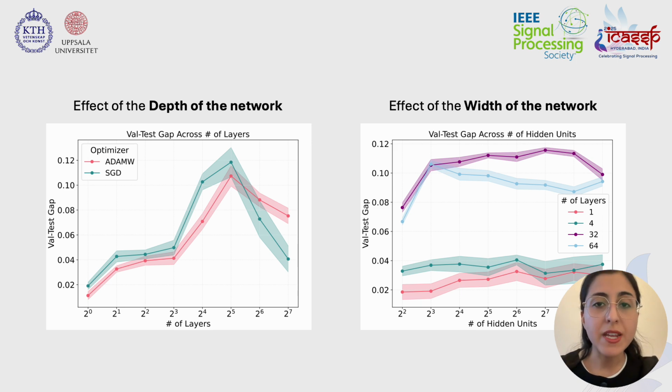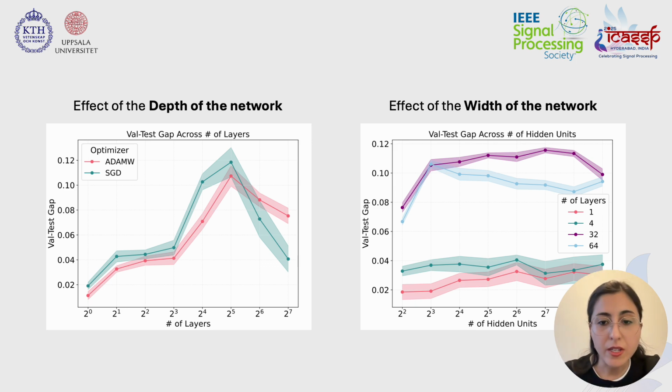At extreme depths, performance drops. As you can see, when we have more than 64 layers, the validation performance starts decreasing, and it's likely due to issues like vanishing gradients.